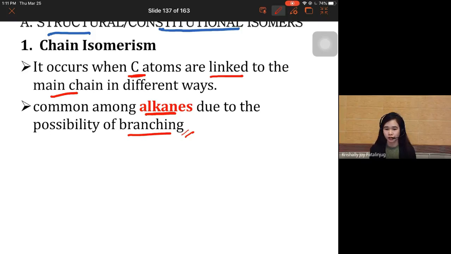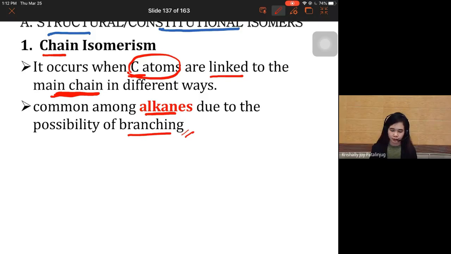Okay, kaya nga tawag sa kanya chain isomerism. Nagkakaiba lang yung structure dahil sa differences in the branching. Paano nakalink yung carbon atom sa main chain ng mismong alkane.